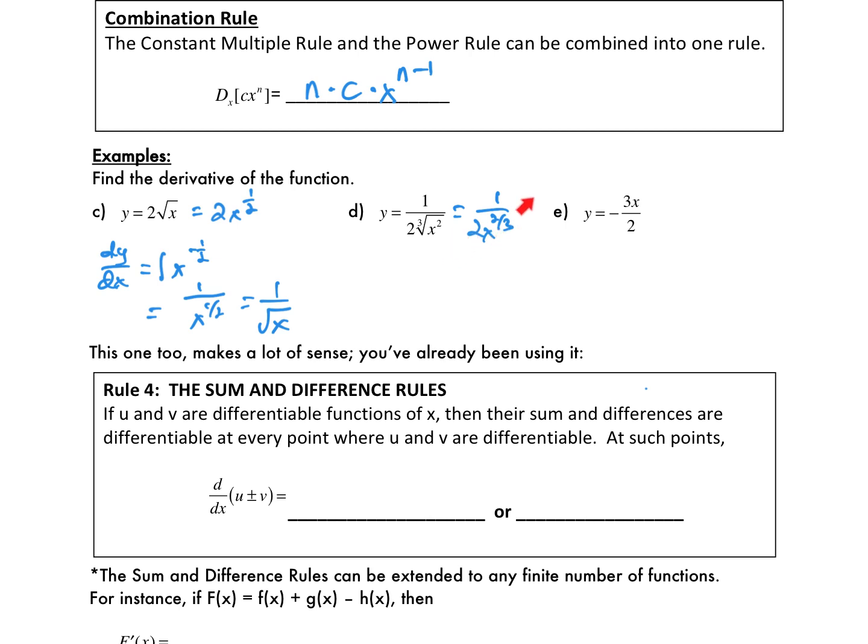But the x to the 2/3, I can move that up to ground level and give it a negative power. Okay. So now when I go to find the derivative of this function, it's in a much better, much easier to deal with format. So I've got negative 2/3 times 1/2.